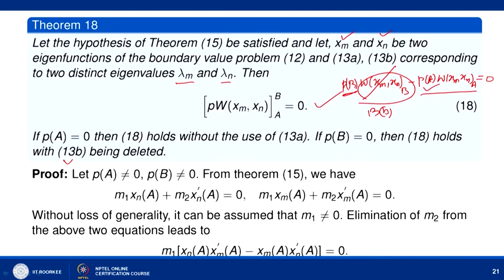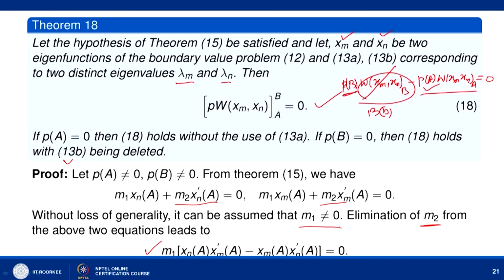If m1 is not equal to 0, we can simplify these two equations by eliminating m2, and we can write our equation as m1 times (xn(a) xm dash(a) minus xm(a) xn dash(a)) equal to 0.